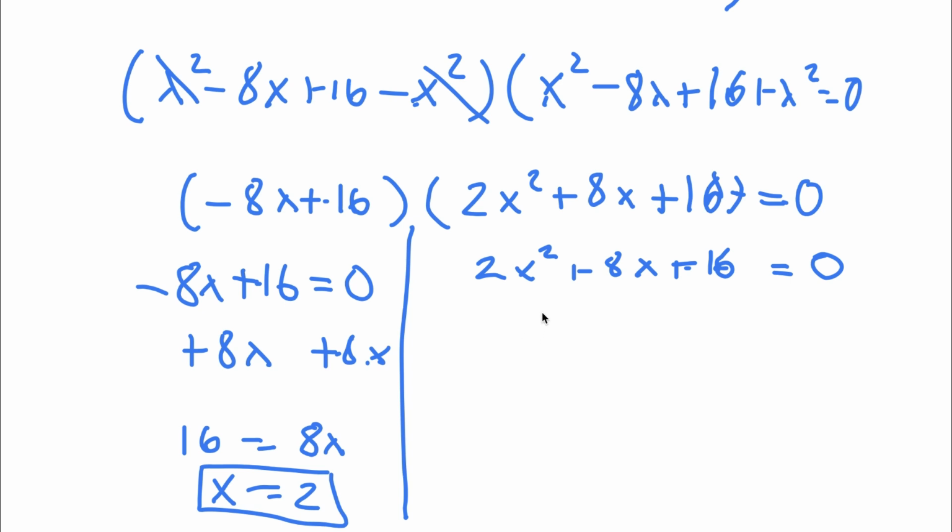And now for 2x^2 minus 8x, sorry, this is actually a minus: 2x^2 − 8x + 16 = 0.